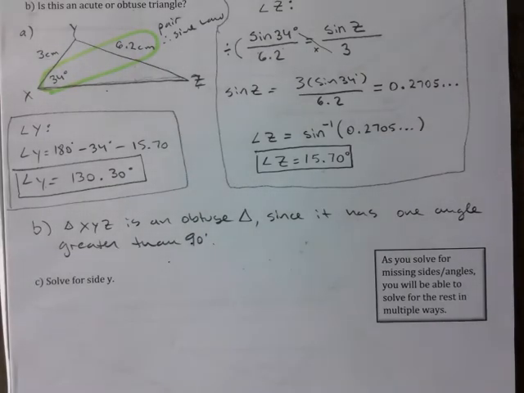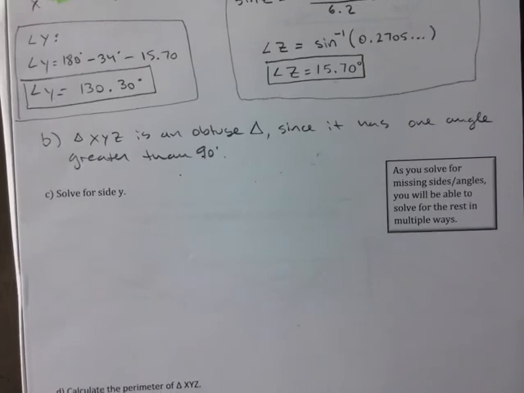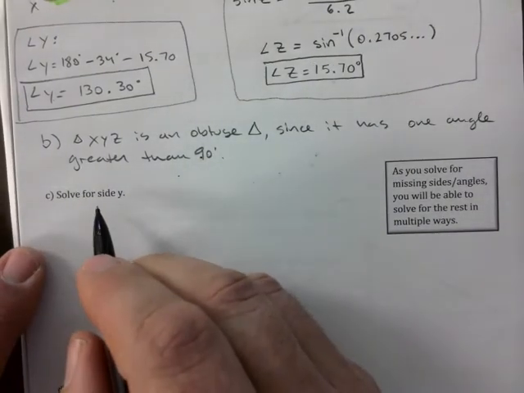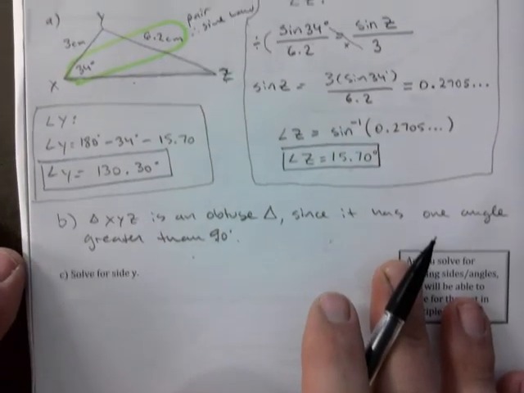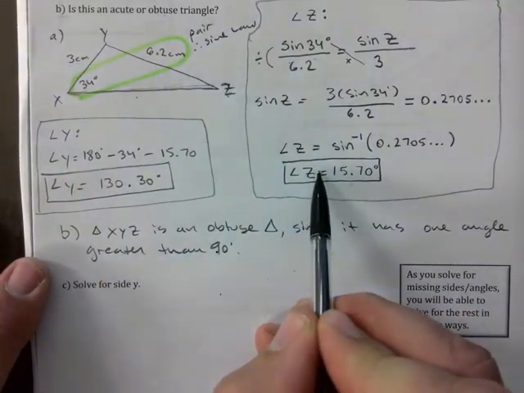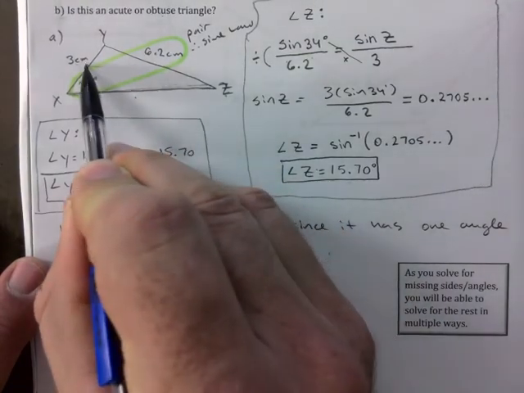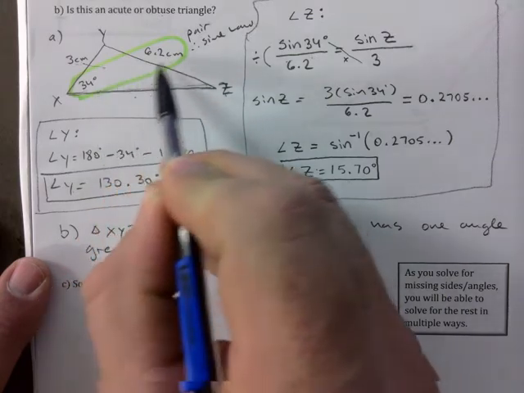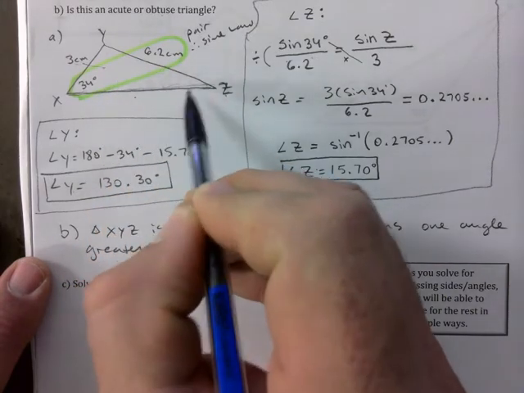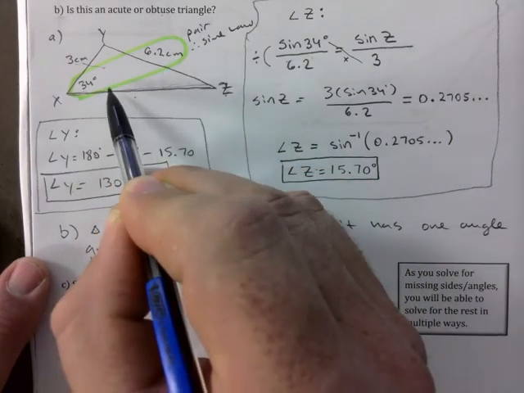Solve for side y. I'm asking you to do that now. Watch what I'm going to do. Careful, you have more than one pair now, correct? Because you figured out this angle, which is right here. Technically, you have that pair to use. I tend to stick with the one that I was given, just in case I made a mistake here, it's not going to carry over.